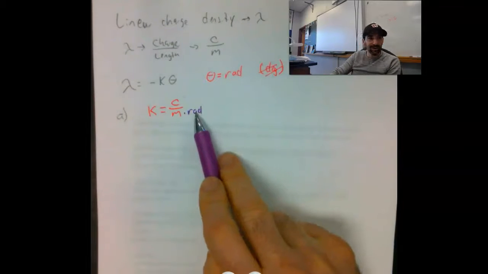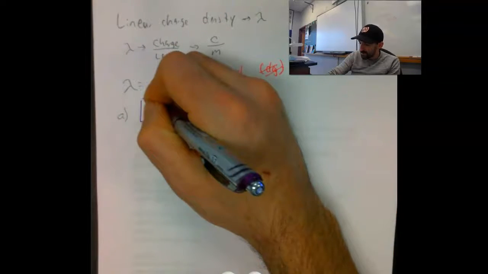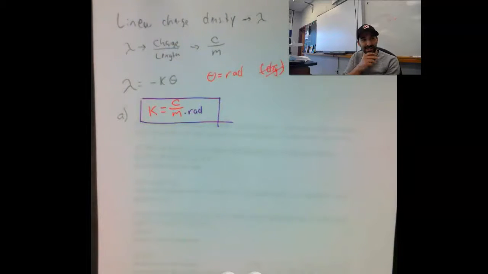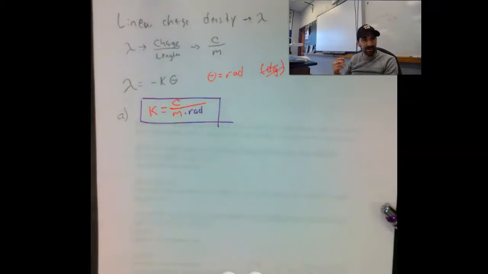Then that radian will cancel with that radian, left with coulombs per meter, and that is beautiful. Dimensional analysis for K. K has to be a coulomb per meter. I just want to extend that so it looks better. K, there we go. It has to be a coulomb divided by a meter times radian. So that's part A. Part B now, derive an expression for an electric field at the center of the semicircle.